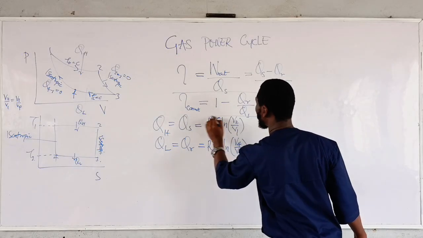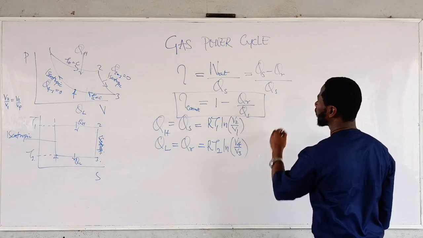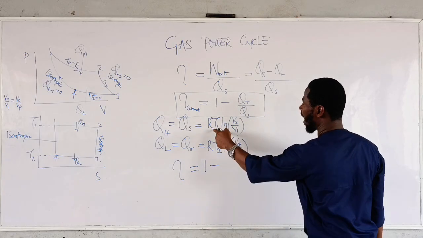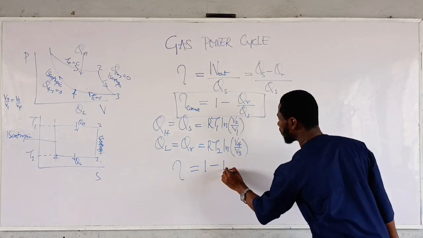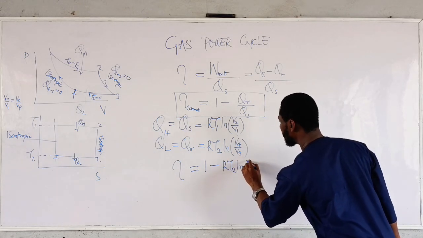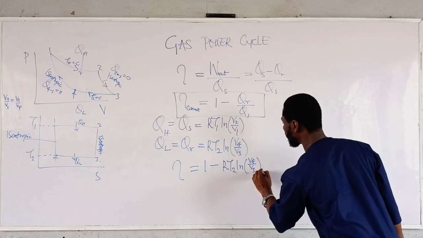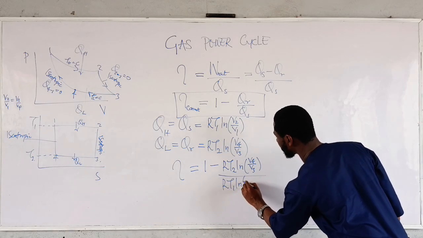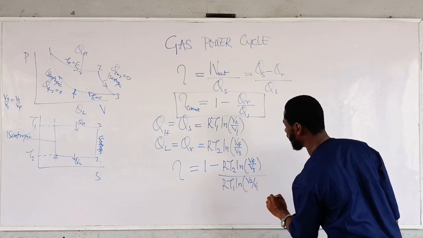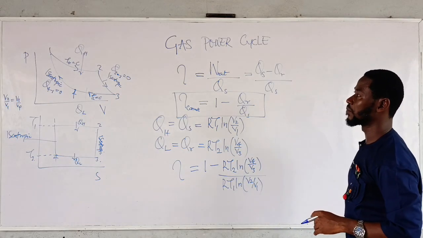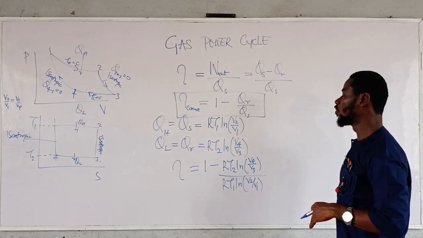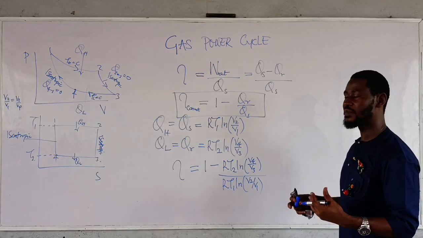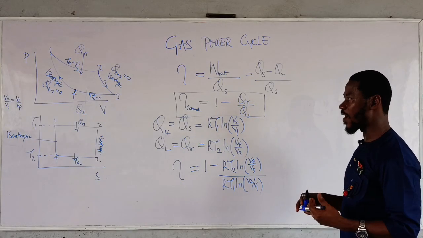So we go back. We have the efficiency equals 1 minus RT2 ln V4 over V3, divided by RT1 ln V2 over V1. If you look at the PV diagram, you will notice that V4 over V3, when you equate it together, is the same thing as V2 over V1.